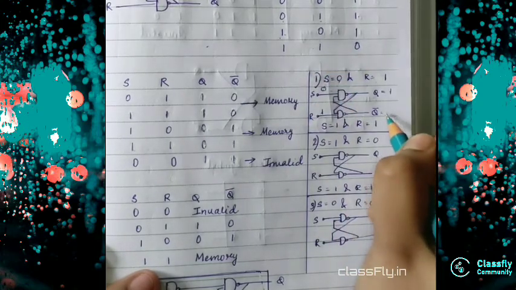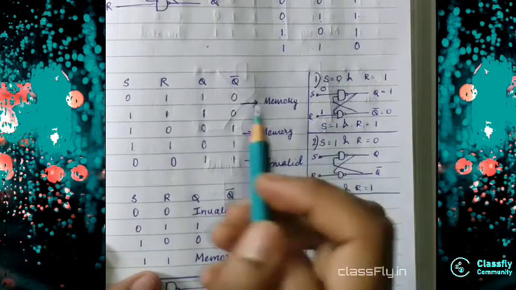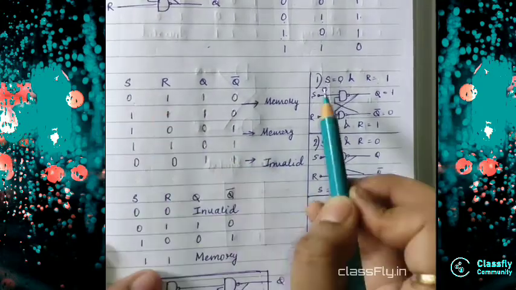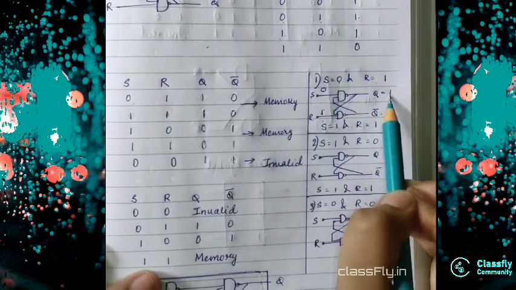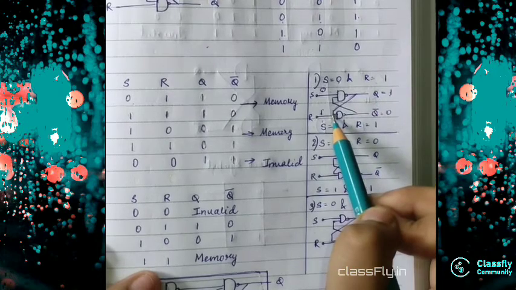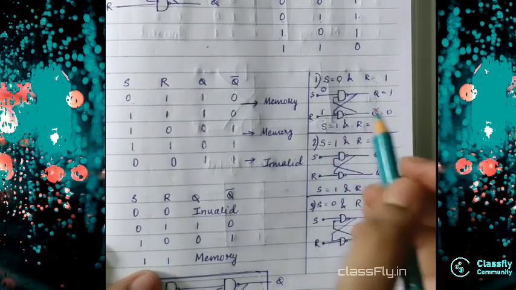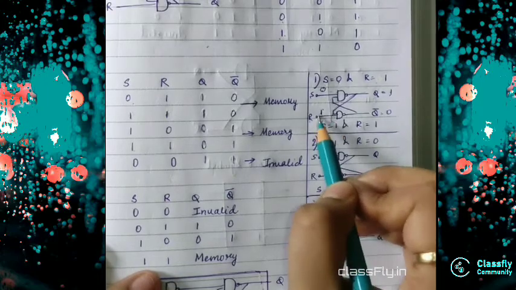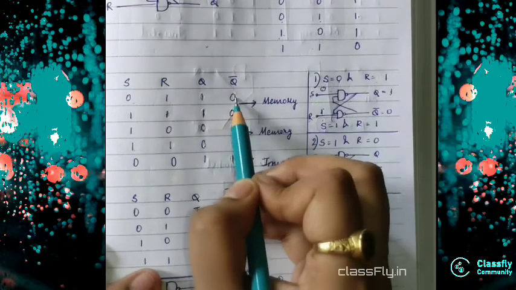So in Q bar we will get 0. So what would be our output then? When S is 0 and R is 1, 0, 1 output is 1, and this 1 now comes to the NAND gate which is with the reset part. So 1 and 1 we get 0. So the output is 1 0.